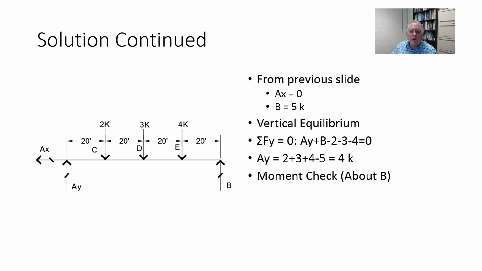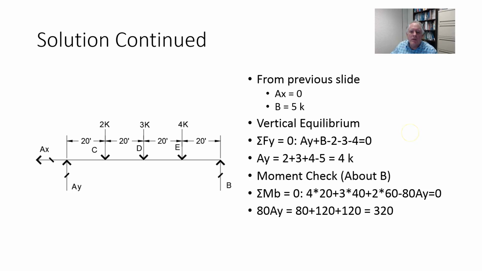to make sure that AY is still 4 kips. Sum of the moments about B equals 0, so 4 kips times 20 feet plus 3 kips times 40 feet plus 2 kips times 60 feet minus 80 feet times the unknown component AY equals 0.